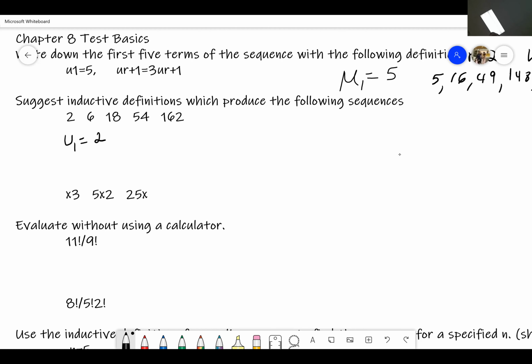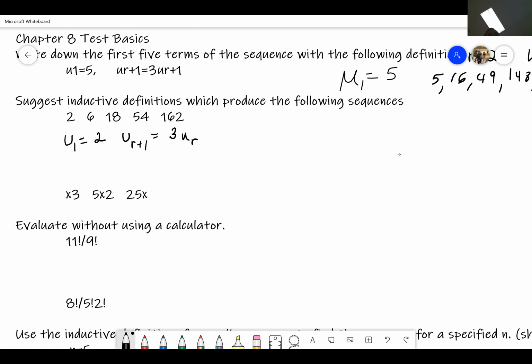Now, the way you're going to do it is to say u of r plus 1, and you ask yourself, okay, to get 6, I multiply by 3. To get 18, I multiply by 3. So you would say, well, it's just 3 times whatever u of r is. And that's it. You're done. Don't overthink this. That's the inductive definition.